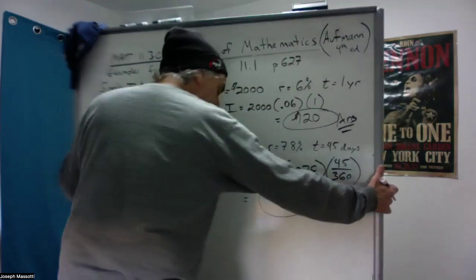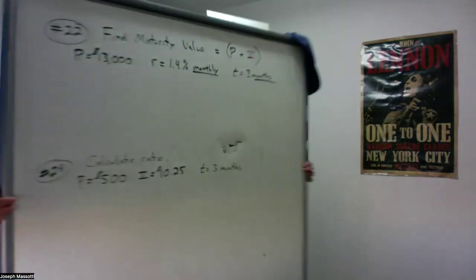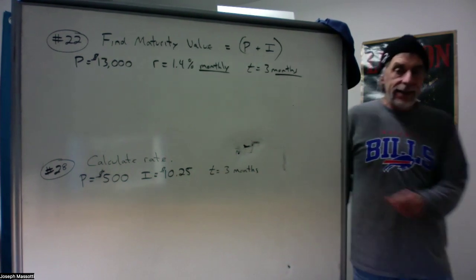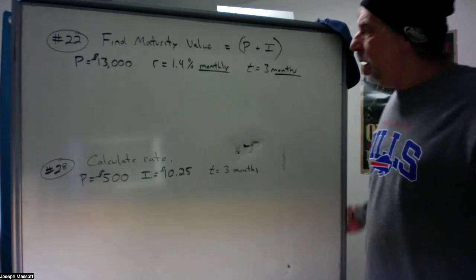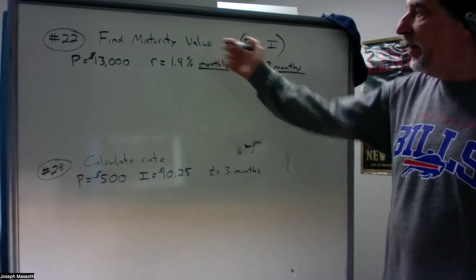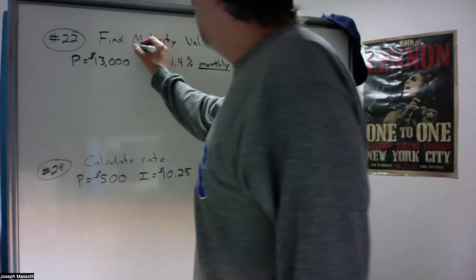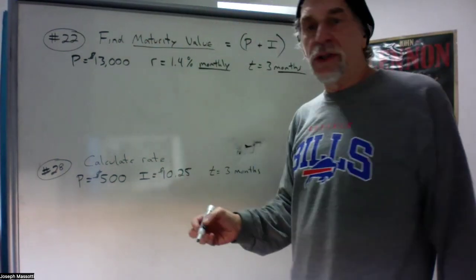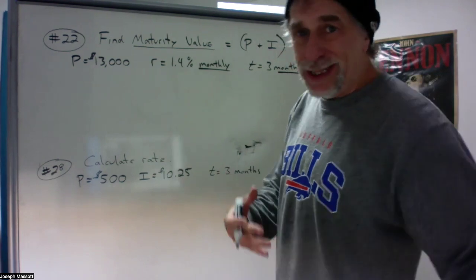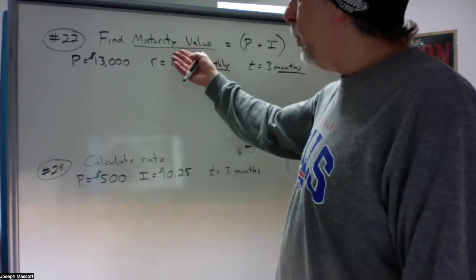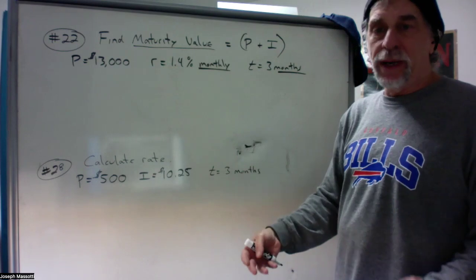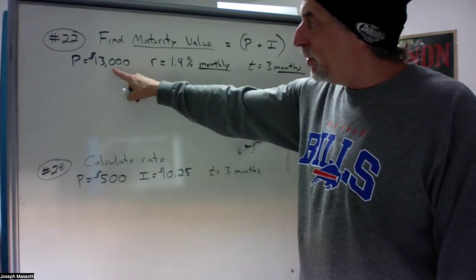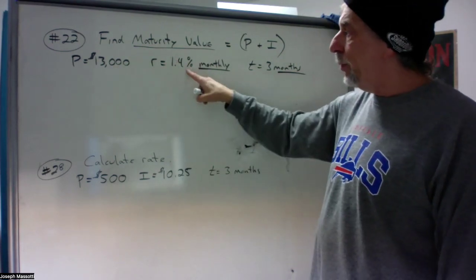Now, another couple of types of questions you'll see in this section are maturity values. So in the first couple questions, we were finding just the amount of interest added to the principal. Now we want to know what is the final amount that we have if we invest a certain amount of money at a certain rate.